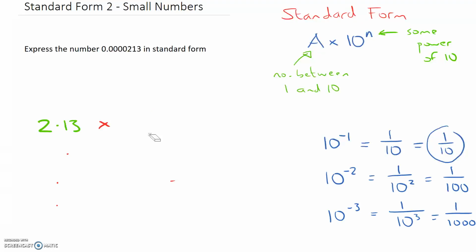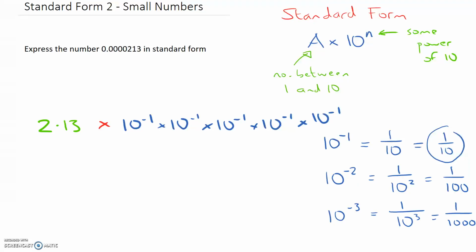So what we've done is we've taken our 2.13 and we've multiplied by 10 to the power of minus 1, times 10 to the power of minus 1, times 10 to the power of minus 1, times 10 to the power of minus 1, times 10 to the power of minus 1. That's five times.